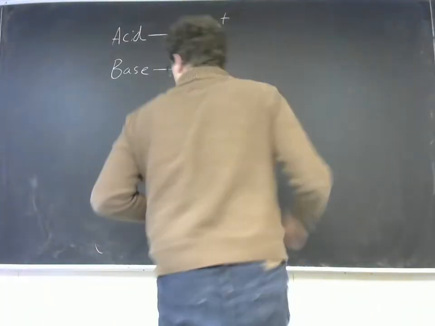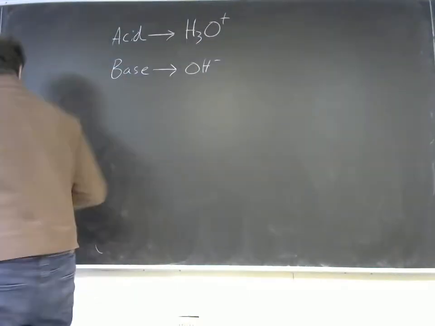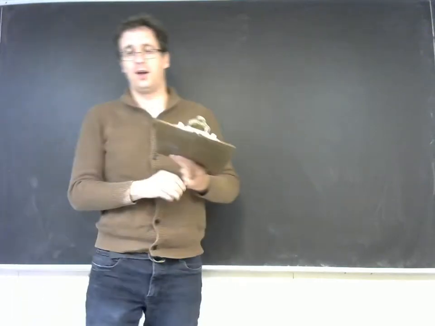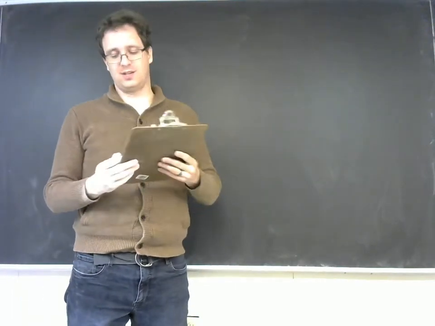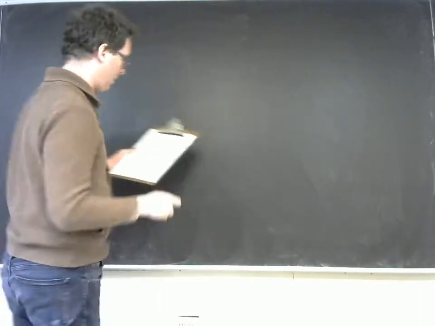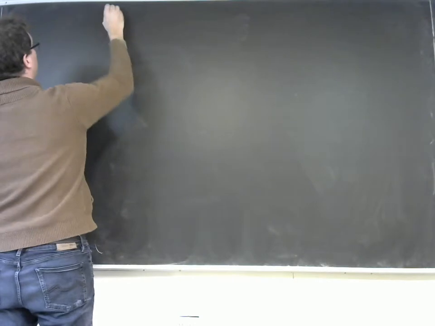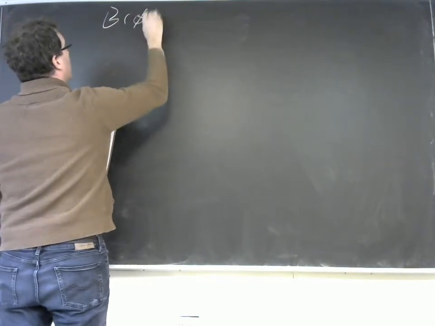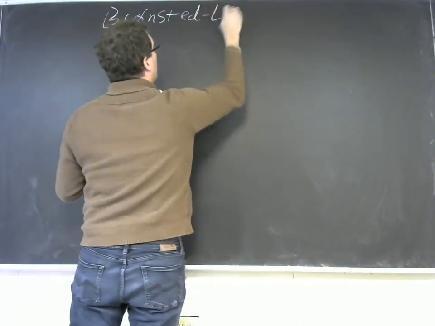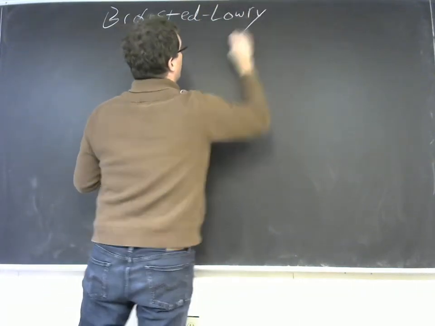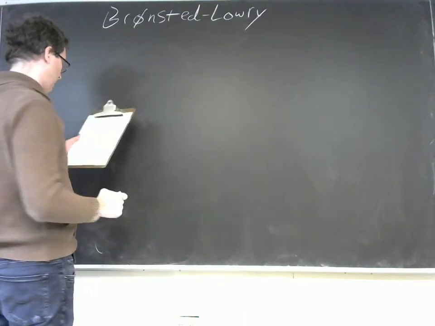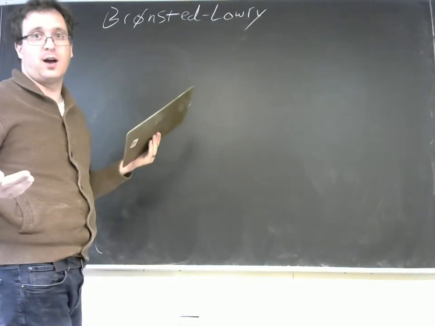Okay, so let's get a little bit more sophisticated about how we define acids and bases. There are at least 3 different common definitions that you'll use in different contexts. But what we will use is the Bronsted-Lowry definition. Bronsted-Lowry acids and bases are defined in terms of protons.